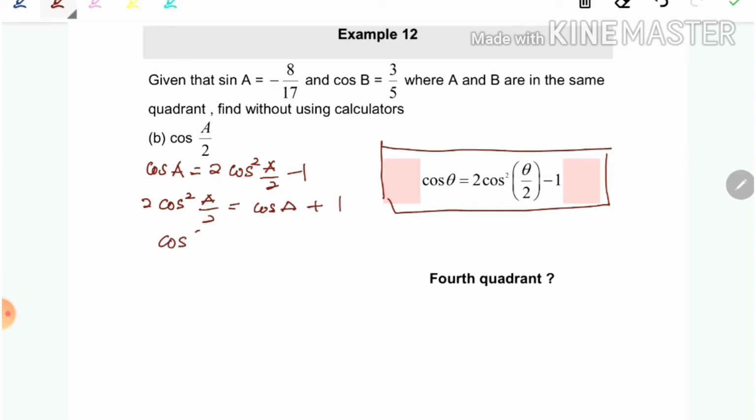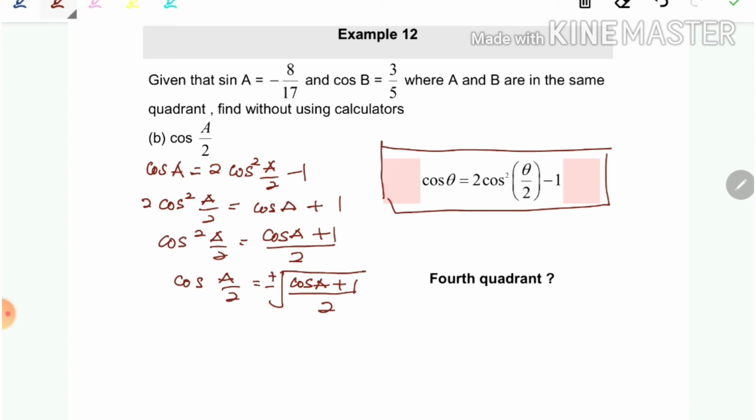Next, cos squared A over 2 equals cos A plus 1 over 2. Next, cos A over 2 equals square root of cos A plus 1 over 2. Careful, we need to put down plus minus.